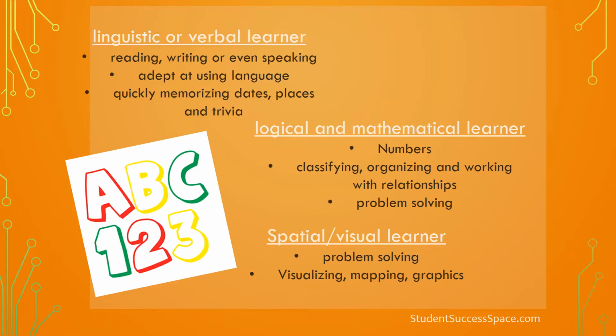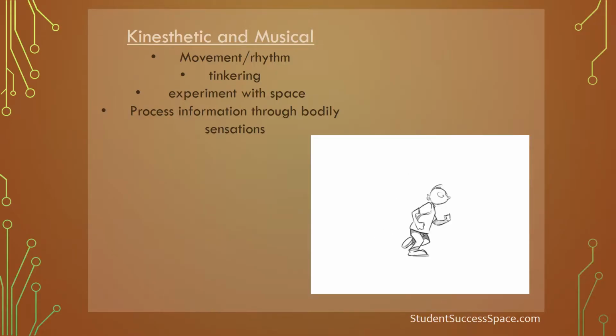The other one we're going to look at on this slide is the spatial learner. A spatial learner is also a visual learner. They prefer problem solving, but instead of using logic like a mathematical learner does, they will use visualizing, mapping, pictures, any kind of graphics to aid with that visual aspect. The bodily learner, oh, I love this one.